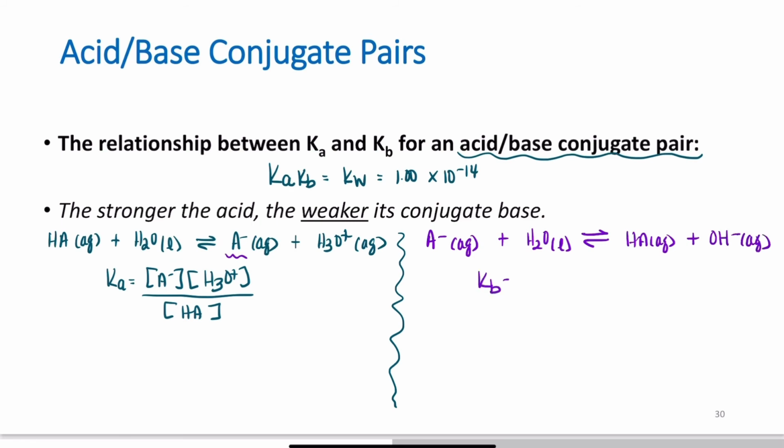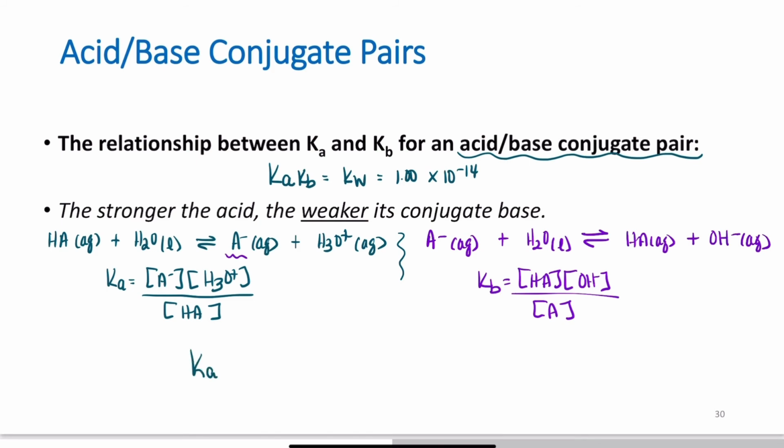This is going to be a Kb expression because hydroxide is in my numerator. So HA times OH minus over A minus. But I told you that Ka times Kb equals Kw. So let's prove it.